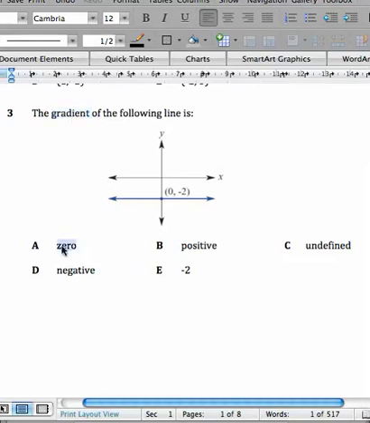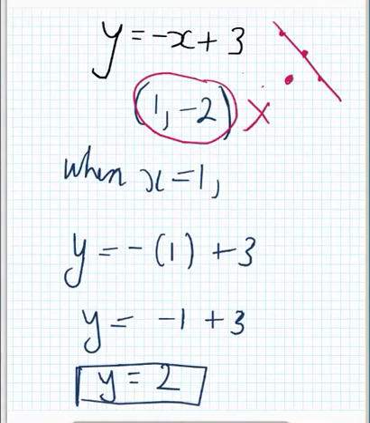We can have a 0 gradient, a positive gradient, an undefined gradient, where we get an error on our calculator, and also a negative gradient. Now look at that blue line there. It's horizontal, and whenever we have a horizontal line, the gradient is 0. So the answer for this one will be A, but let's quickly go through the different types of gradients, just for some revision.